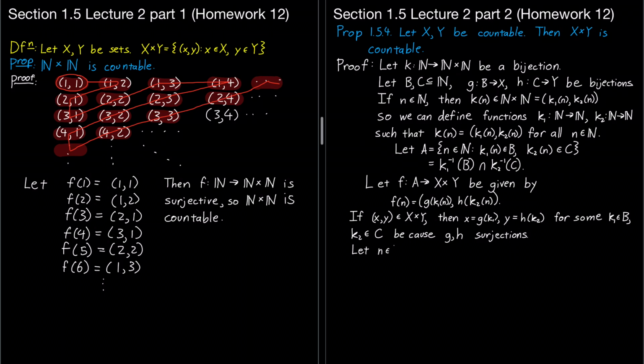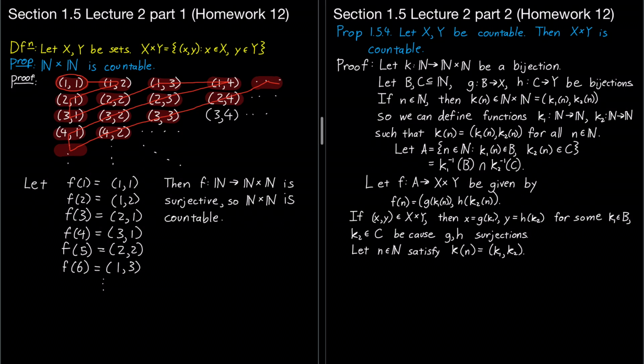All right, and then (k1, k2) is in N cross N. It's an ordered pair whose elements are both natural numbers. That means it's K of something. So our n has to exist.